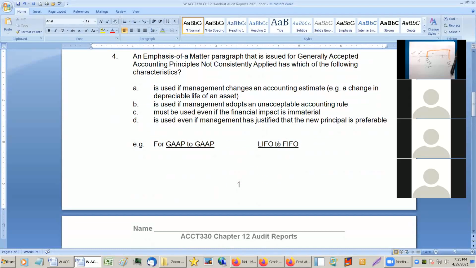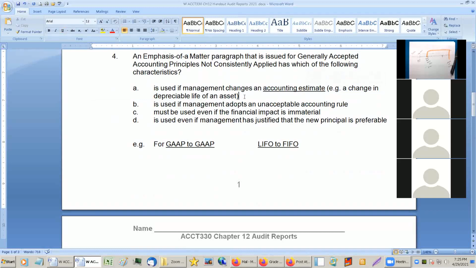So which one of these would most likely be it? I'll tell you when it's not. It's not this one. This isn't about changing an accounting estimate.